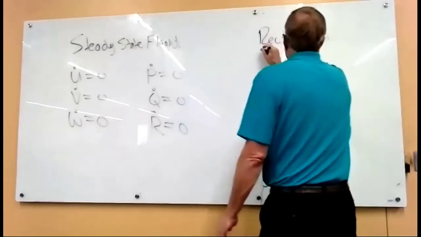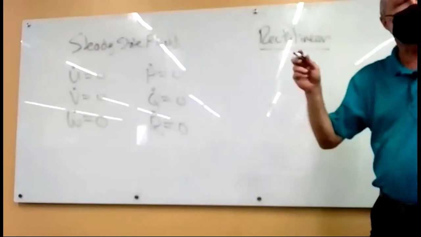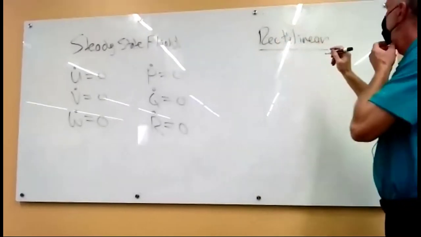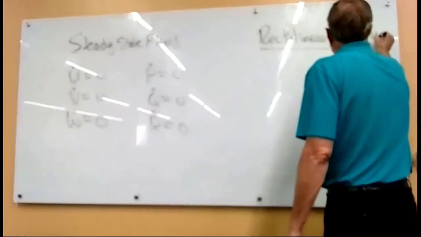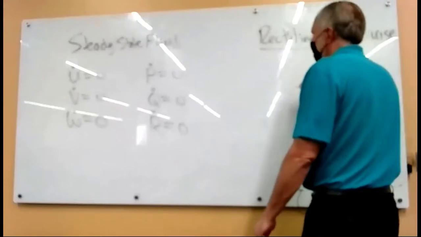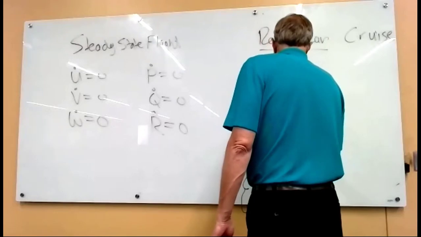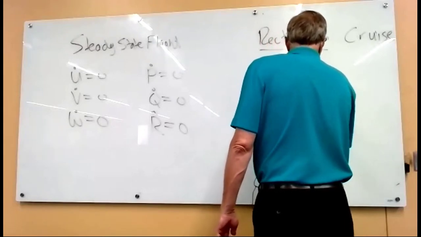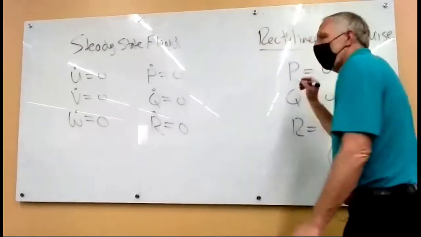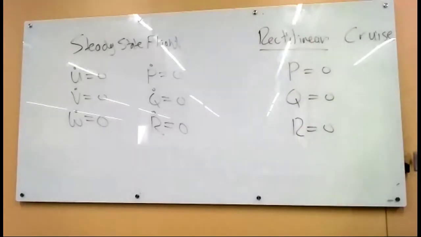He calls it rectilinear flight, which means you're following a straight line, but I call it the cruise condition, because now we're going to say that the angular rates are 0. Notice I didn't knock out U, V, and W, otherwise we fall out of the sky.